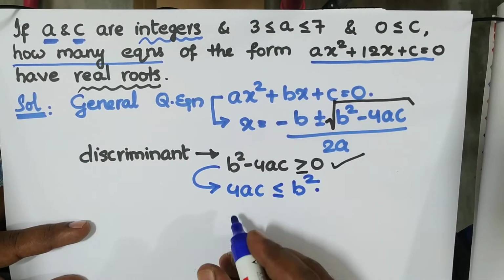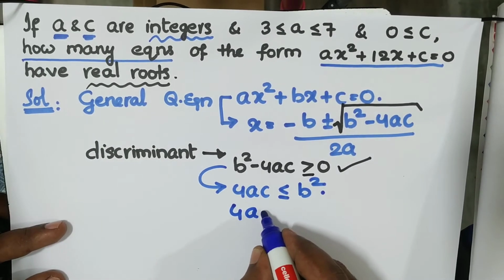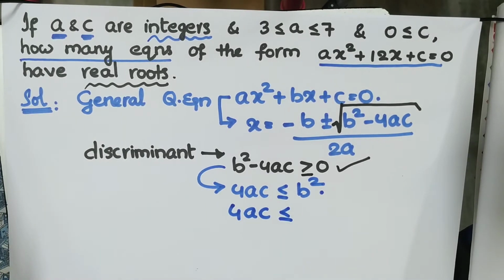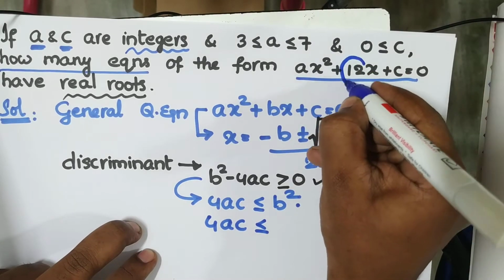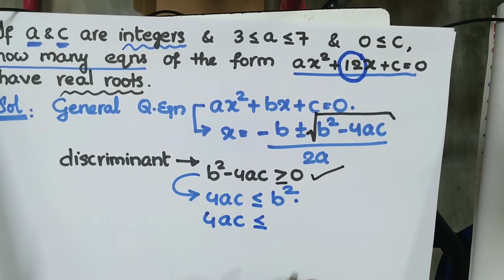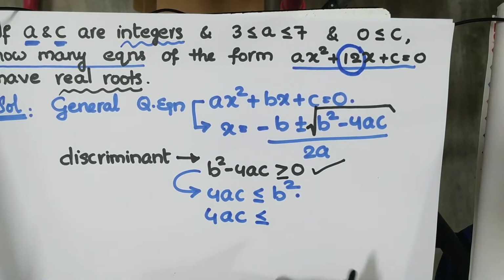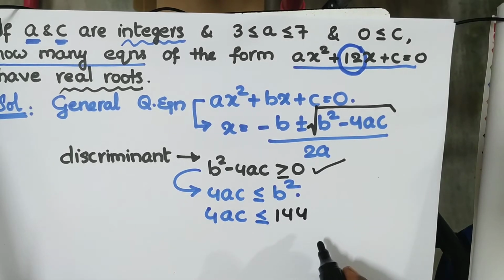Now on the left hand side you have 4ac, and on the right hand side you have b square, and what is b? From this question, b is equal to the given 12. Now you have to square it. What is 12 square? 144.